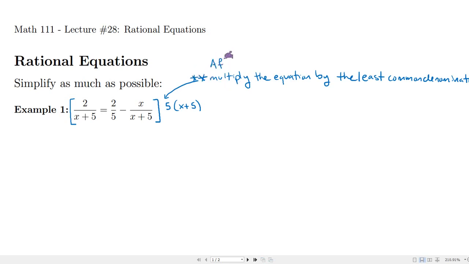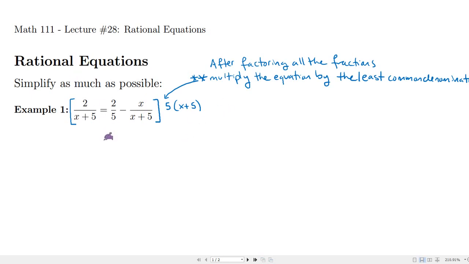And really this is after factoring all the fractions. You would multiply by the least common denominator amongst all those. So again, this is missing a 5, this is missing x plus 5, this is missing a 5. So the least common denominator is 5 times x plus 5. So we're going to multiply by that.